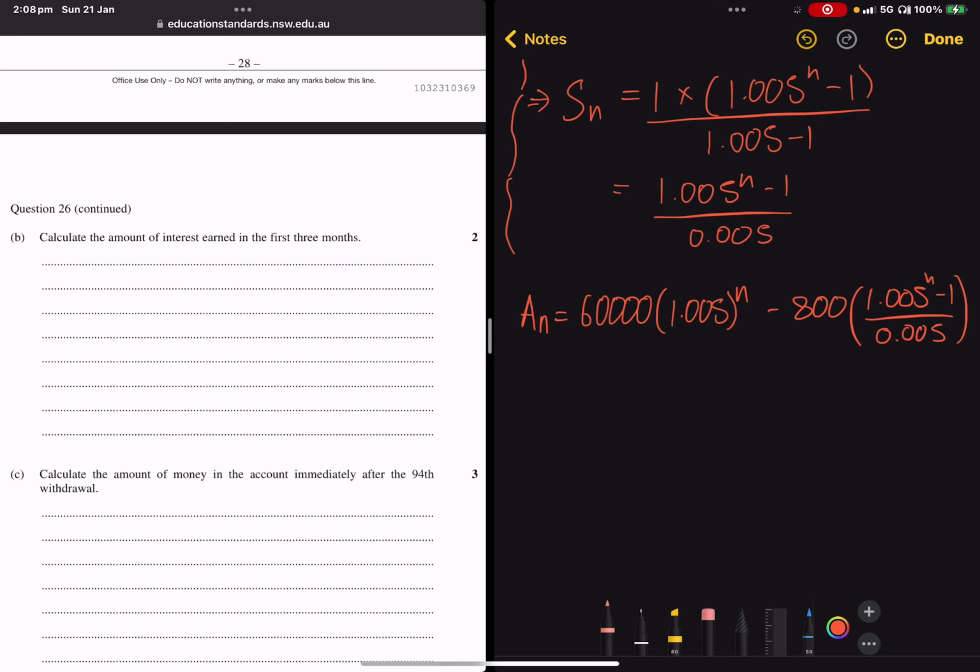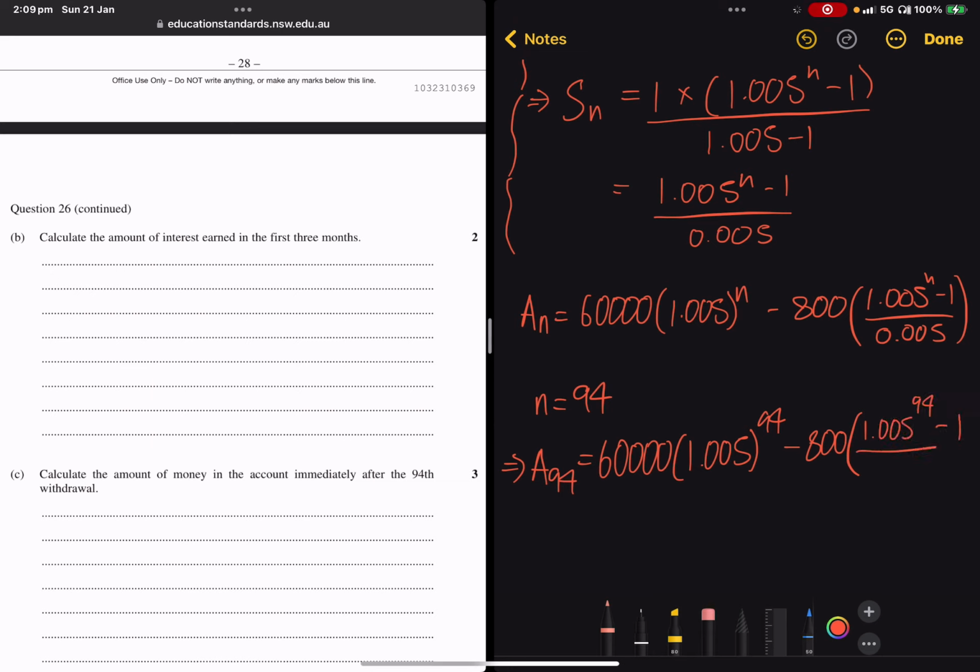Now the question asks us, calculate the amount of money in the account immediately after the 94th withdrawal. So in this case, the way we've set this up, n is just going to be 94. So we have the amount after the 94th withdrawal: 60,000 times 1.005 to the 94 minus 800 times 1.005 to the 94 minus 1 over 0.005.